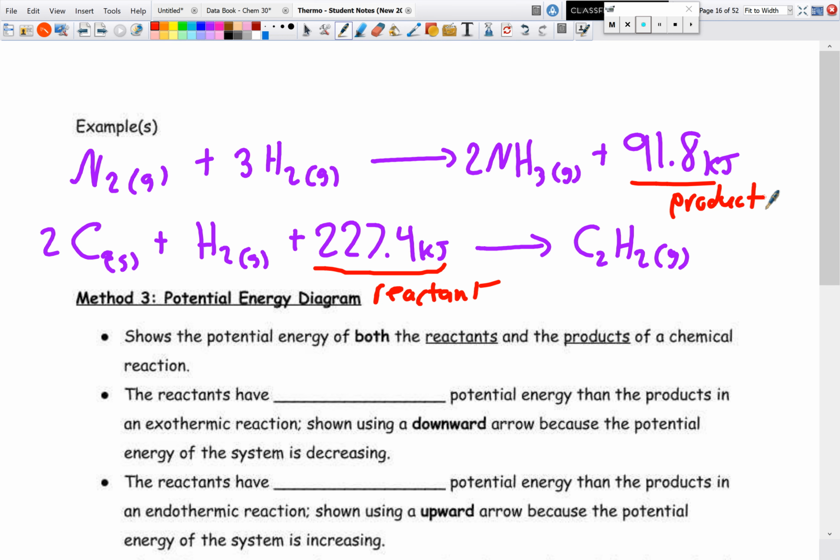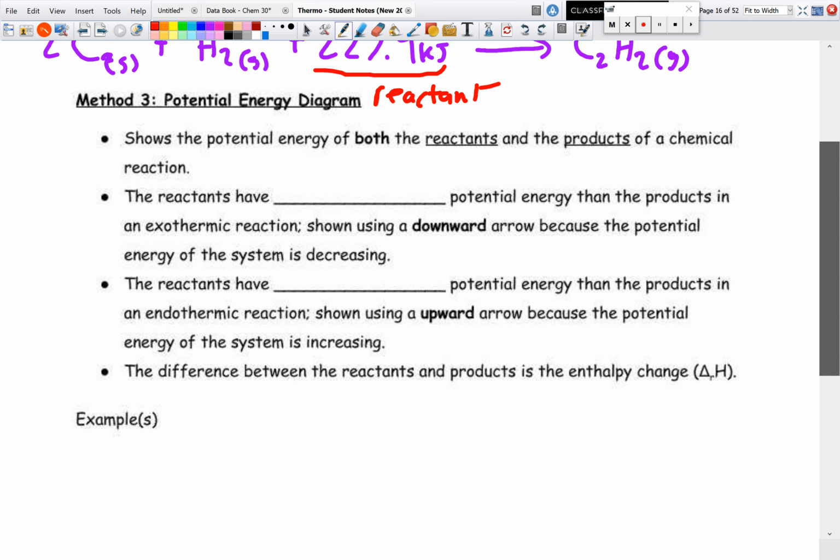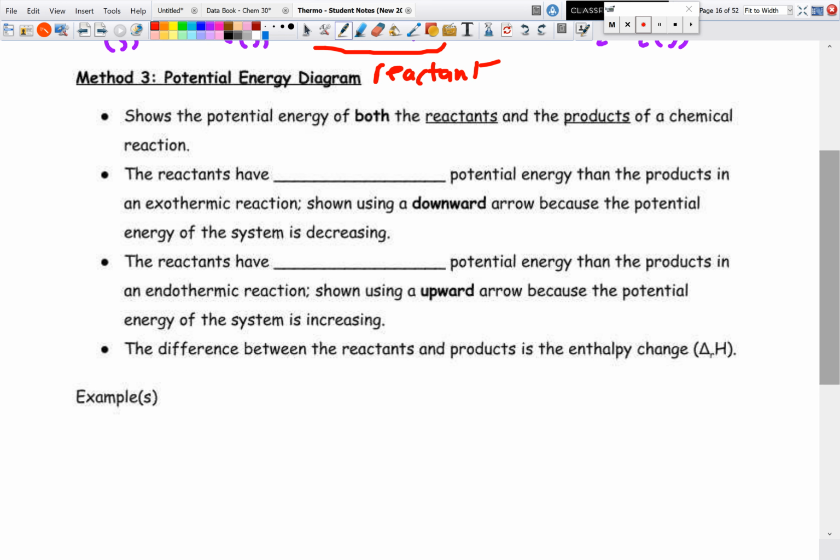Now the last one is our potential energy diagram. These are new, and you will see lots of potential energy diagrams, so please pay attention to how they look and how I represent them. This shows potential energy for both reactants and products, so we see both on a graph.